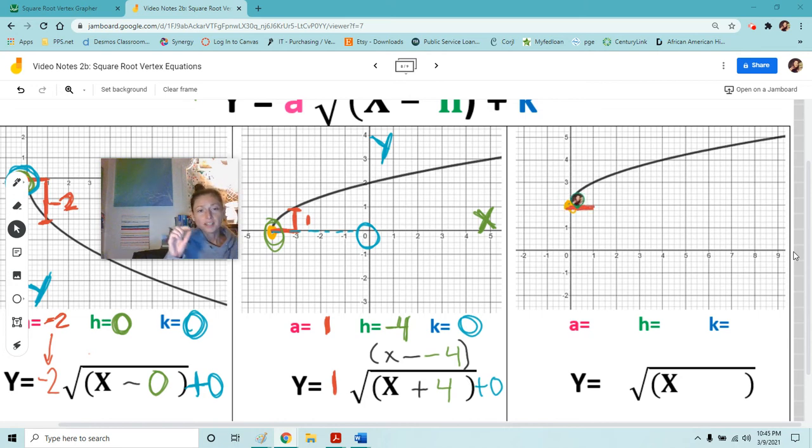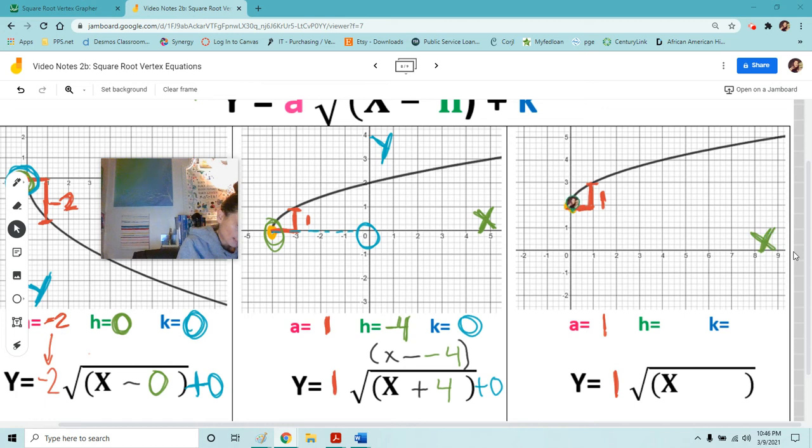Then don't necessarily pay attention to the little boxes. I know there are little boxes on here to show in-between points, but look where the numbers are. So I went from 0 to 1 unit over. Then I'm looking for how far up or down. That went up 1 unit. So A is 1. Then I'm going to look for my H value.